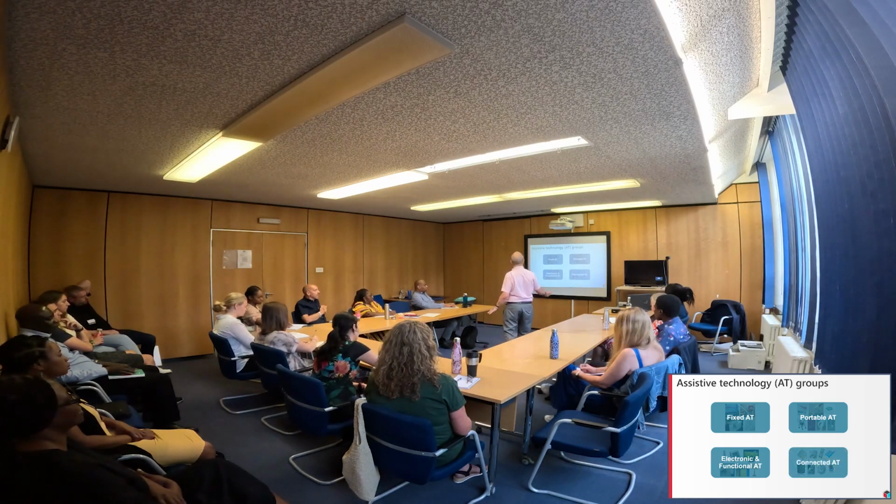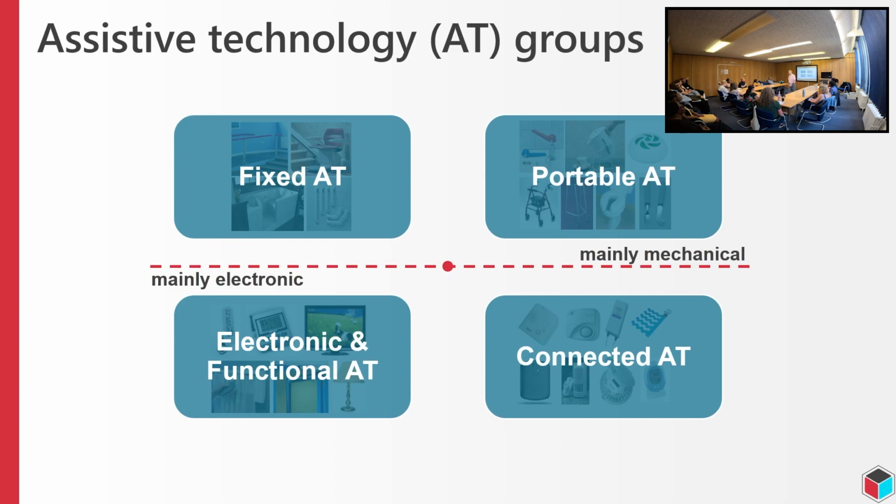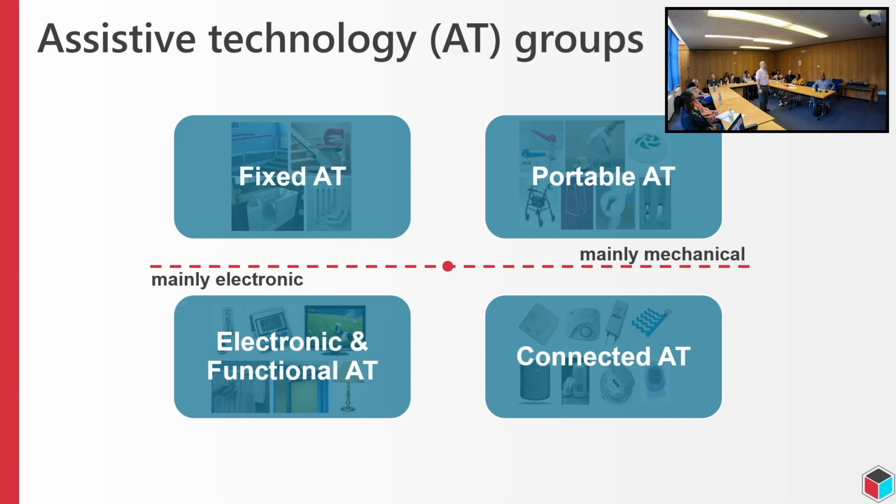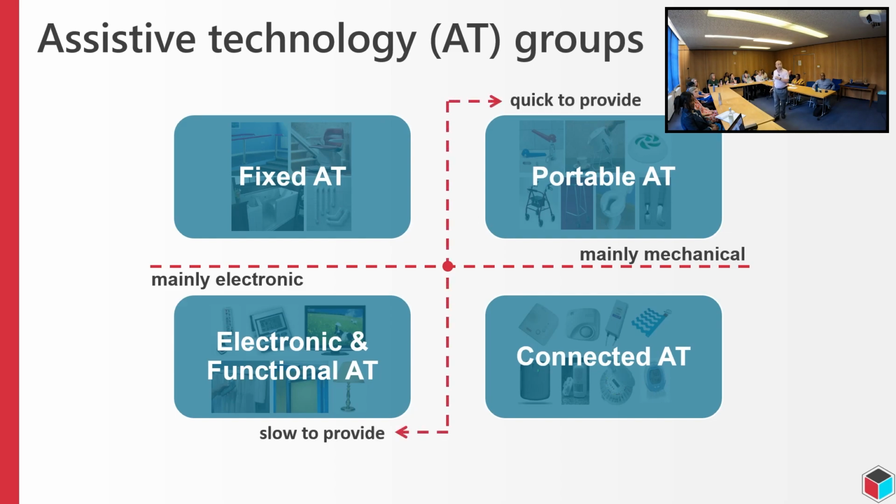And the important thing of having it in that arrangement is that if we drew a line across the horizontal, then anything above the line is effectively mechanical and something from the 20th century. If it's below, it's electronic, changing all the time. So quite clever stuff, smart stuff. I could draw the line the other way.